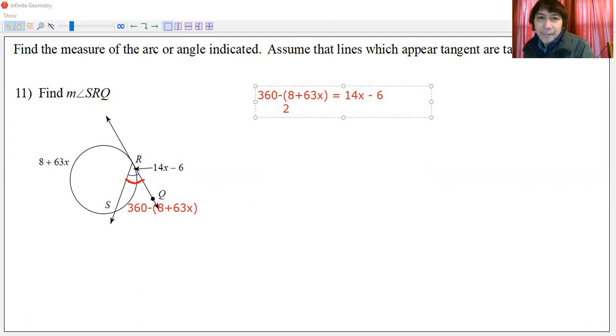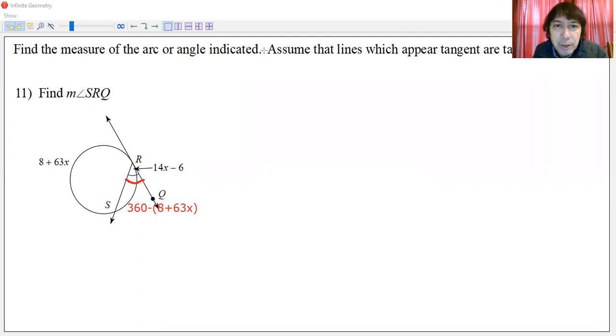This is divide over here. We shall simplify the equation to get x and then solve for the angle. So we shall solve the angle after we get the x.